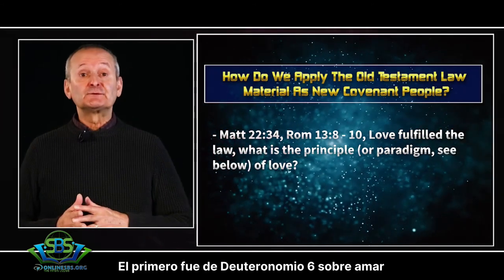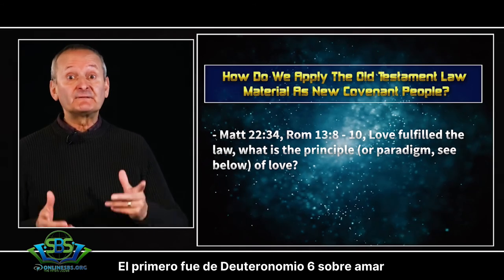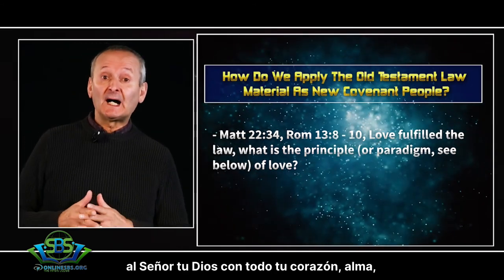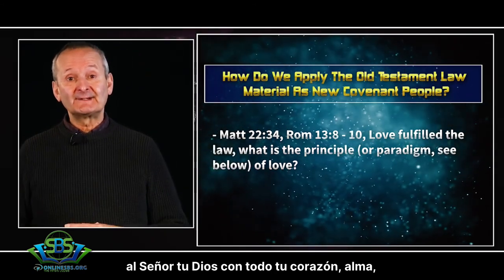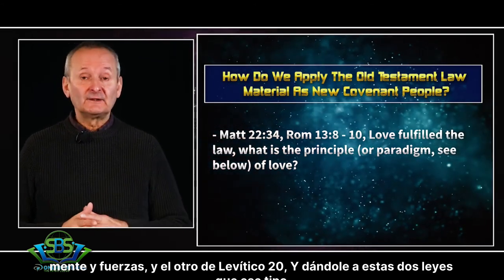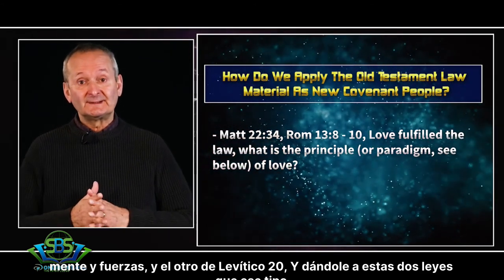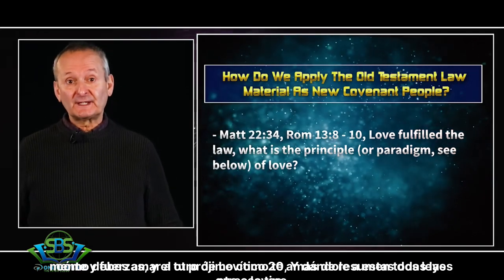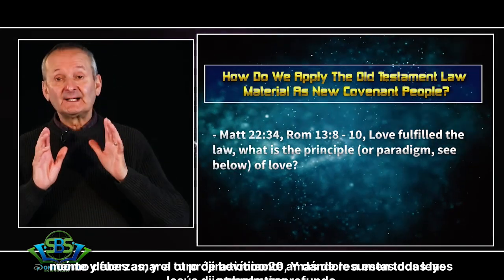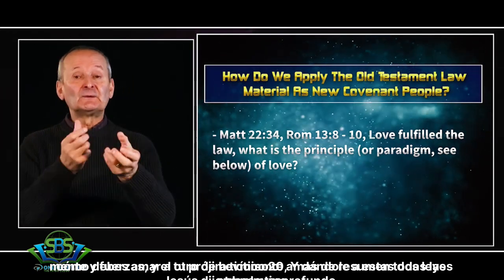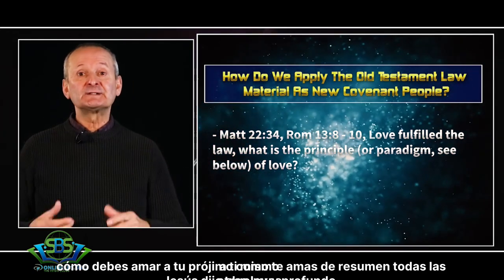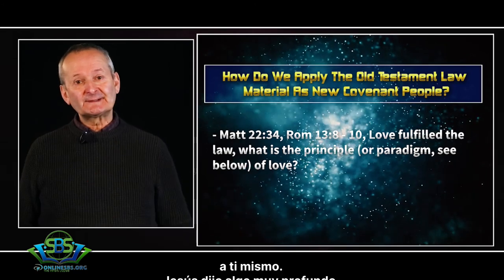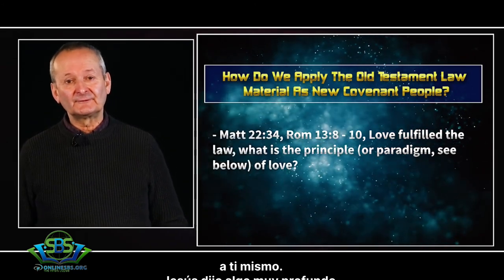And you'll remember how Jesus answered that question. The first was from Deuteronomy 6, about loving the Lord your God with all of your heart, soul, mind and strength. And the other from Leviticus 19, how you should love your neighbor as you love yourself. And having given these two laws that summarize all the other laws, Jesus then said something very profound.